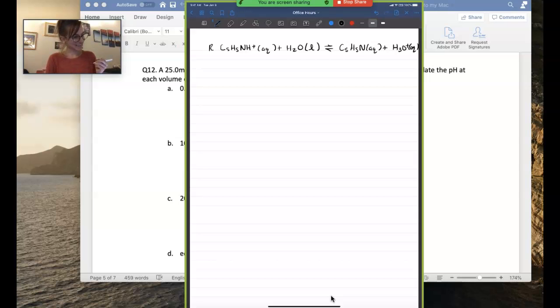So when we look at this, initially we just calculated that at this point we have 5.5555 times 10 to the negative second of the conjugate acid after the hydrochloric acid reacted with the pyridine, and none of the pyridine and the hydronium ion in solution to a significant amount. And then we just do a normal rice table.